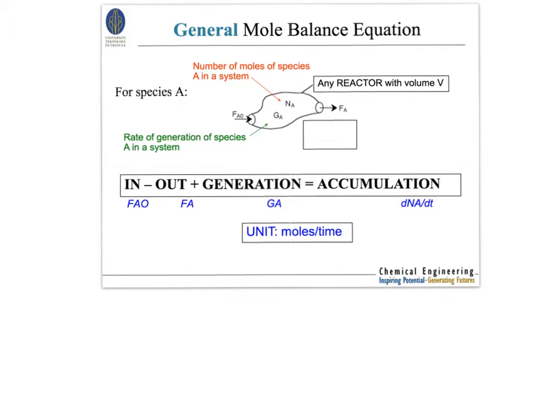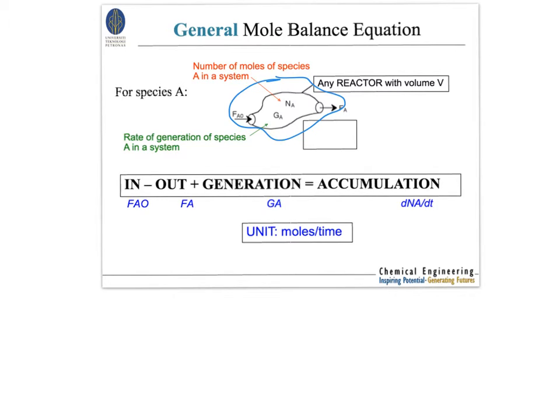To perform a mole balance on a system, you need a system volume. So this is the system volume. Any reactor with a volume V, that is a system volume. Now let's perform a mole balance on species A in the reactor.